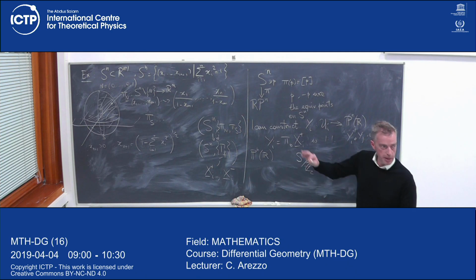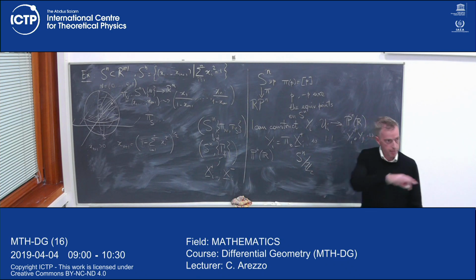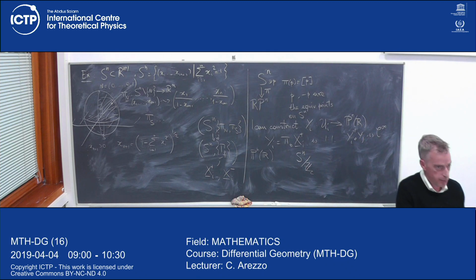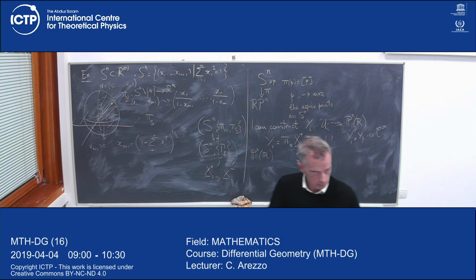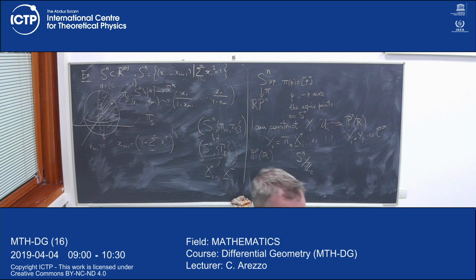If there is P, there is no minus P. In this situation, it was very clear. Upper or lower, positive or negative. And in this way, if I can construct charts of the manifold which are so nicely adapted to the action of the group, I naturally have a manifold structure on the quotient. This is just what I want you to realize.